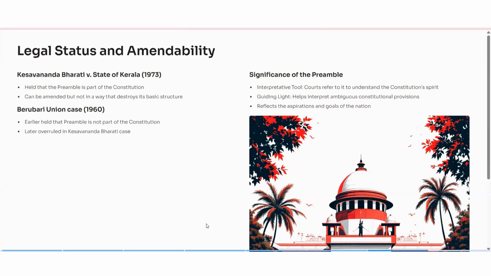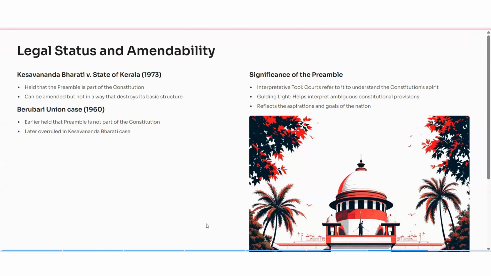In the Berubari case, which comes from the year 1960, earlier it was held that the preamble is not part of the constitution, it is just the introduction to the constitution, but the Supreme Court reversed its own judgment, overruling it in the Kesavananda Bharati case.